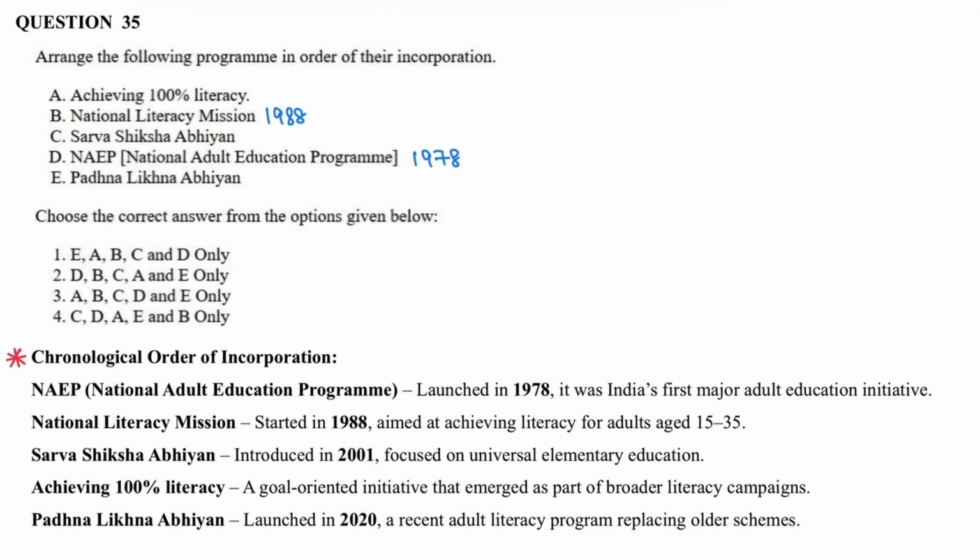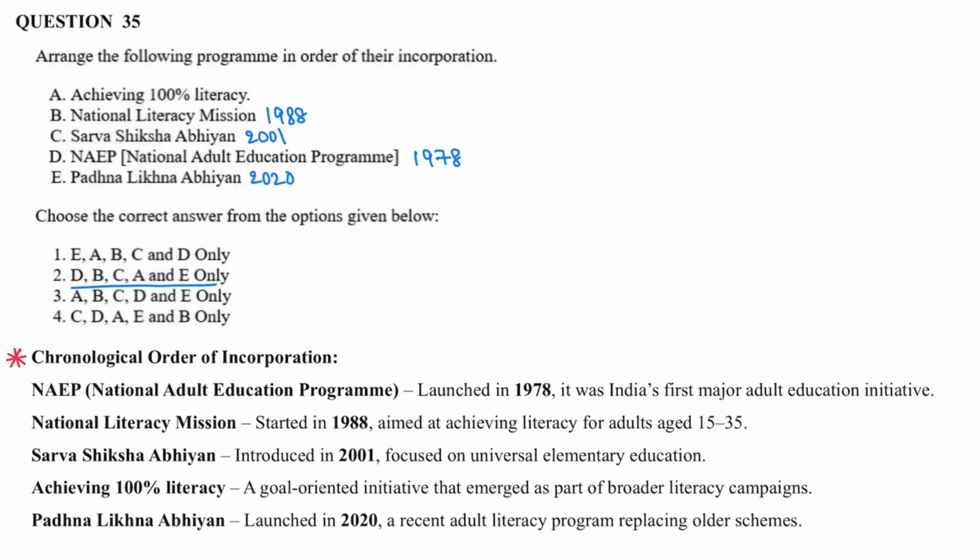Sarva Shiksha Abhiyan introduced in 2001. Padhana Likhna Abhiyan launched in 2020. After Sarva Shiksha Abhiyan introduced in 2001, its goal is achieving 100% literacy. Therefore, C is followed by A and finally E, Padhana Likhna Abhiyan.